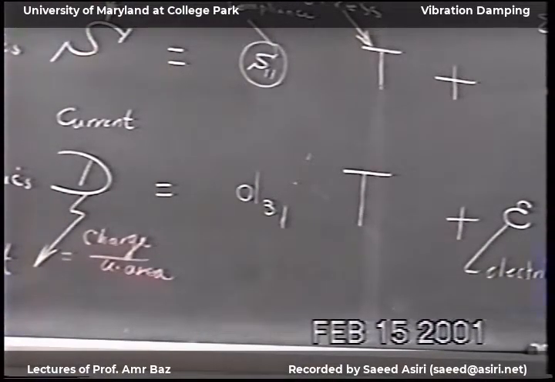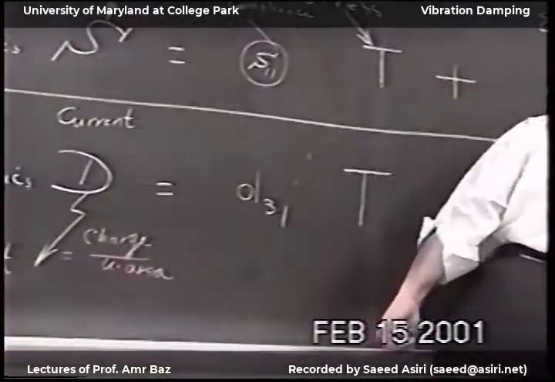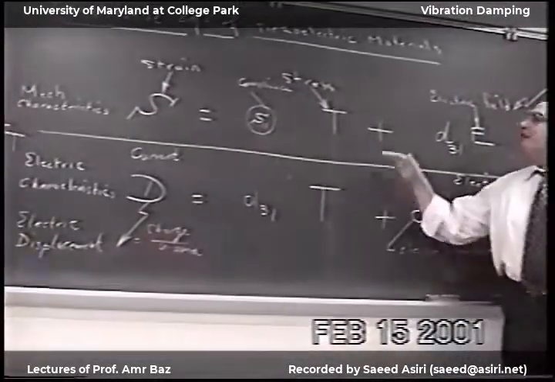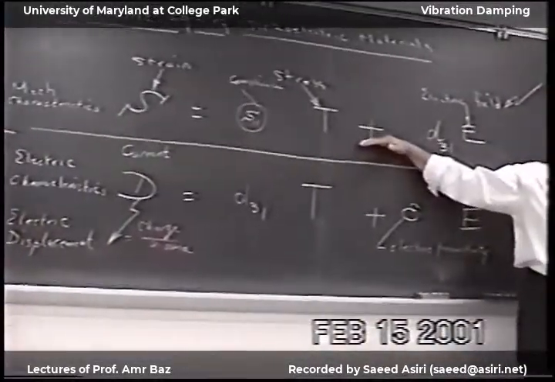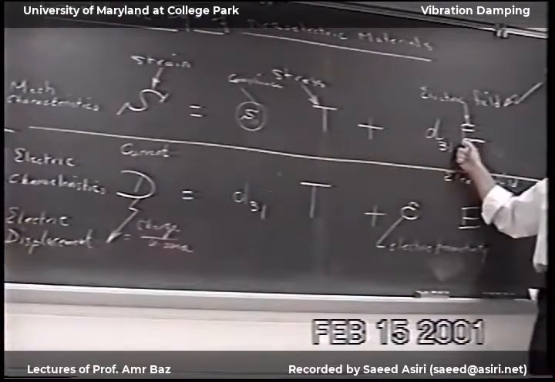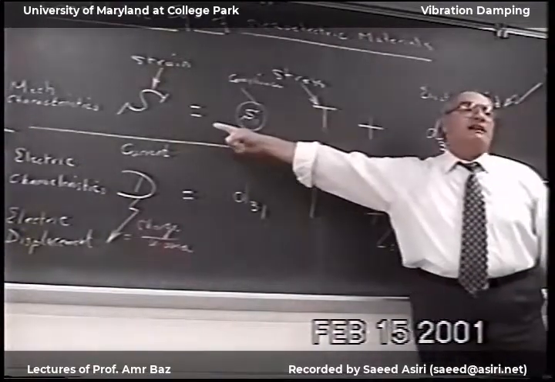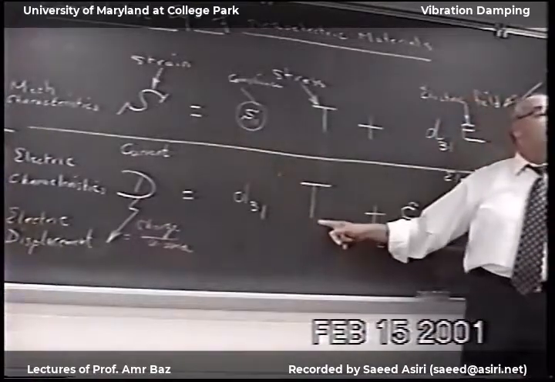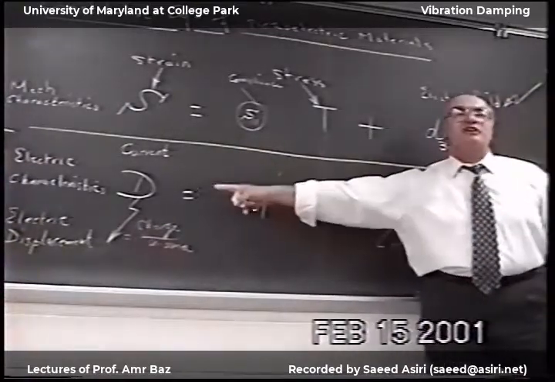So now we can look at these two equations like this. I can think of the first equation as the piezoelectric material used as an actuator. So when I apply voltage, I generate mechanical strain. Here, when I apply mechanical loading, I generate voltage.